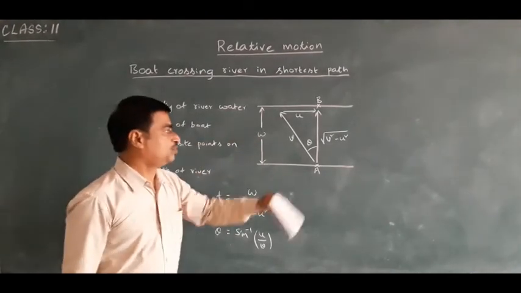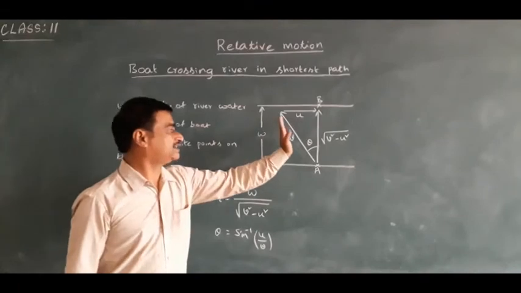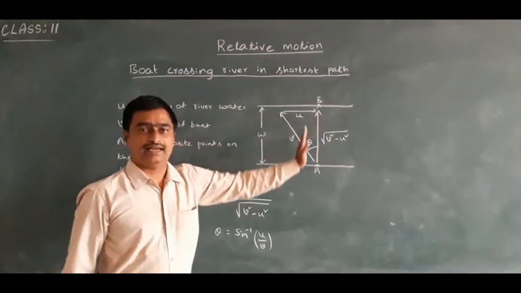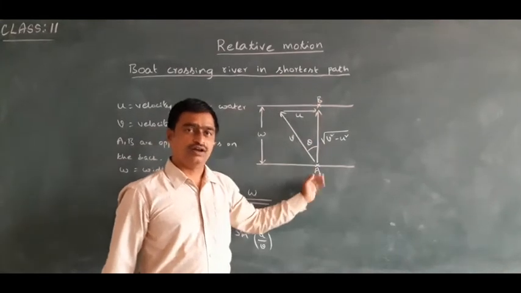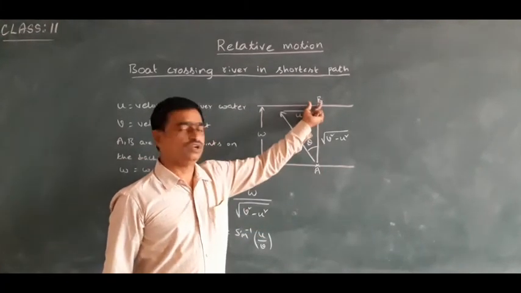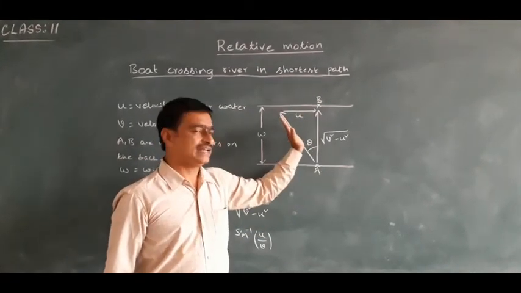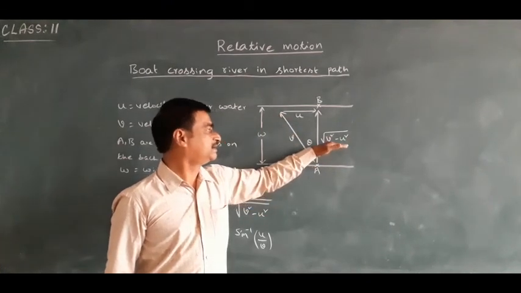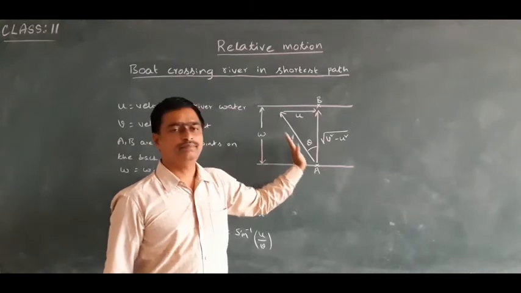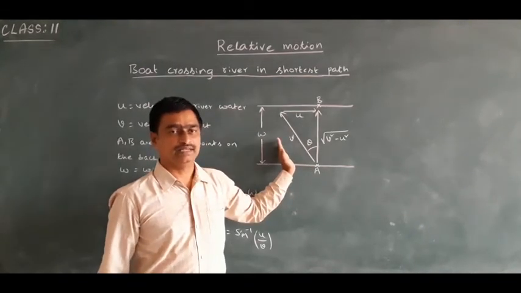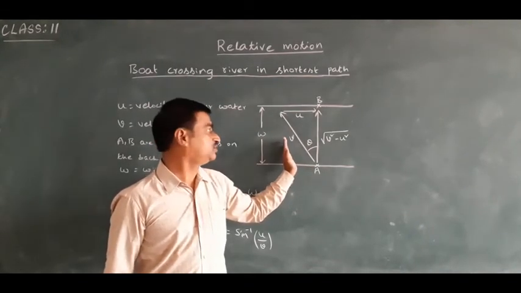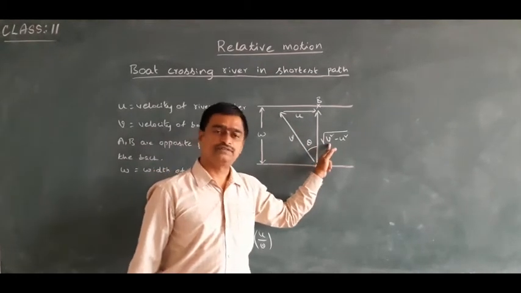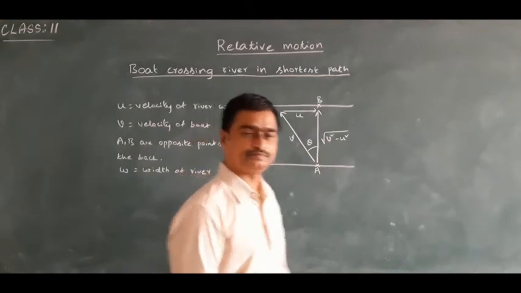This is how we assess it. To cross the river in a straight line path, the shortest path possible, the boat has to start at an angle. From Pythagoras theorem, with v as the hypotenuse and u as the side, the resultant becomes root of v square minus u square.